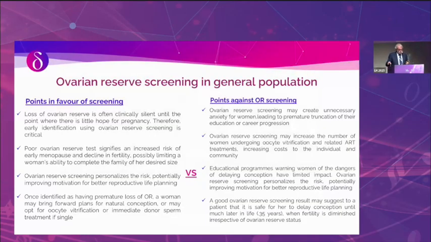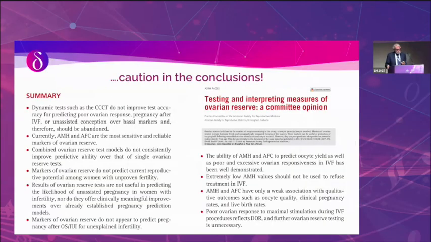And just a few words about the concept of ovarian reserve screening. I have some fear to introduce this in clinical practice to young women, for example. And I completely support this committee opinion from the American Society of Reproductive Medicine.